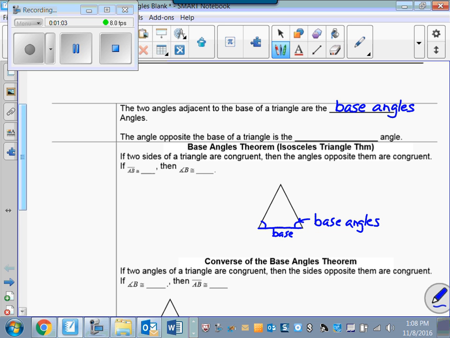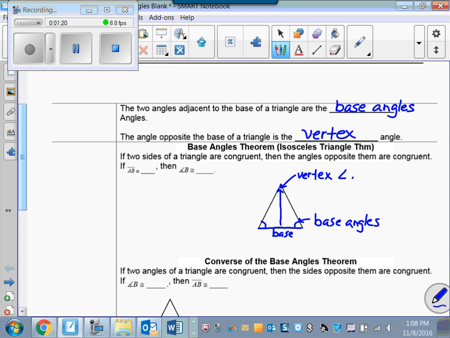And the angle opposite the base, so that would be this one right here, is called the vertex angle. So that angle is going to be the vertex angle in this triangle.